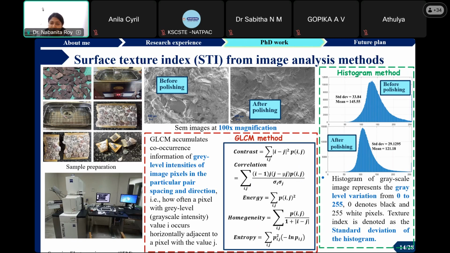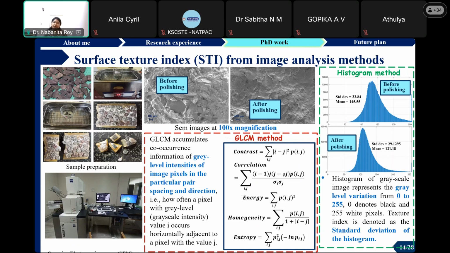In both cases I took images before polishing and after polishing. One sample set of images is provided here. All the images were taken at the same conditions, like 100x magnification, luminance, and other image factors, kept constant for all the samples throughout.